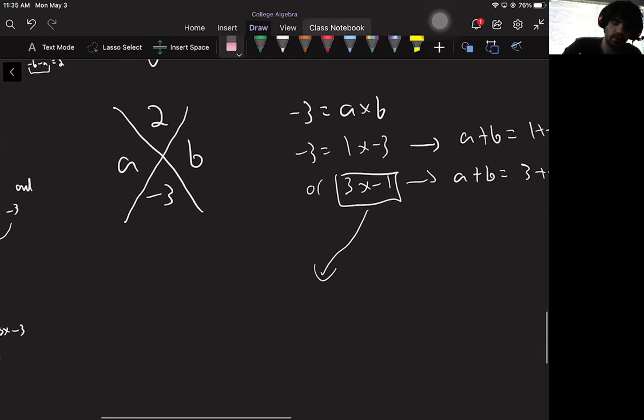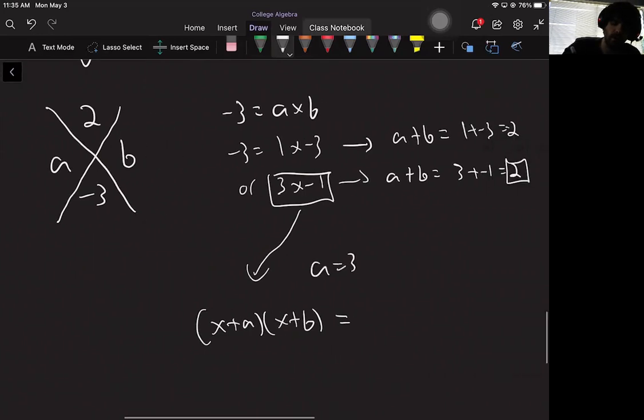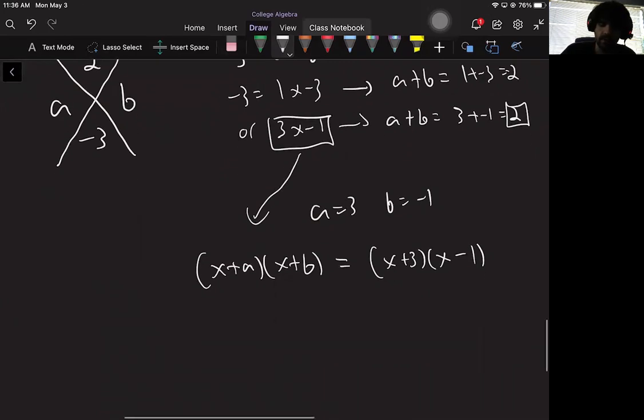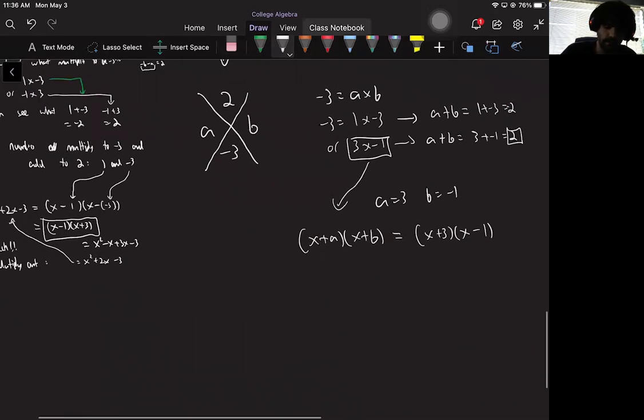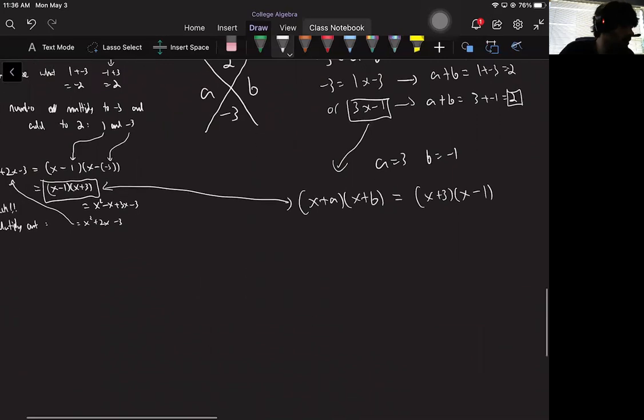This one is doing instead x plus a, x plus b. So it's the opposite. So a is 3 and b is -1 here. Sorry, it's a bit confusing, but it's the same answer, two different ways. In the first way, we're thinking about it using negatives, and in this box method, we're using positive a and b, but it amounts to doing the same thing.